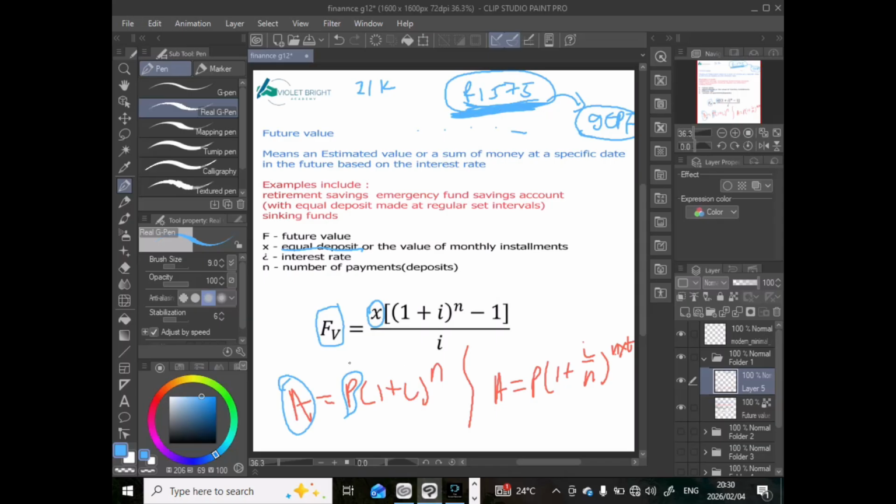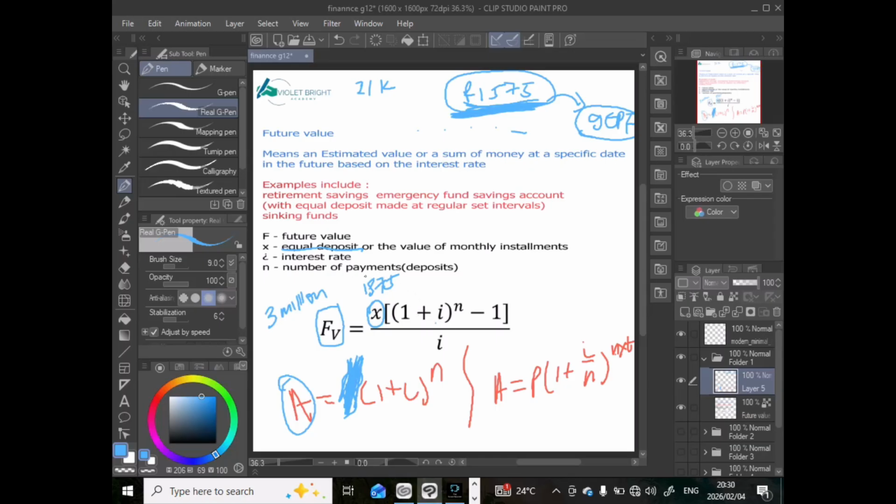So hence why I said it's similar to this, although there it was the principal amount that we are starting with. It's more or less the same thing. We will be investing, let's say for example, 1,500 so that in the future we will get 3 million. Ne? Something like that.